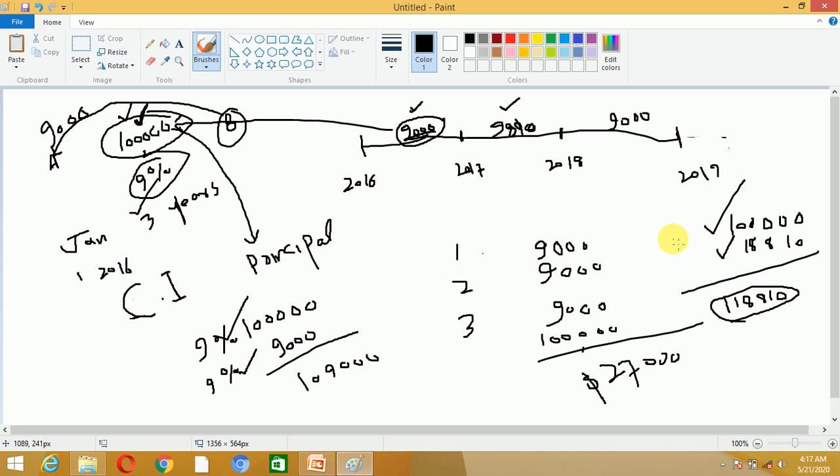So you will receive 9% interest on the principal amount and you will receive 9% interest on the previous interest earned.